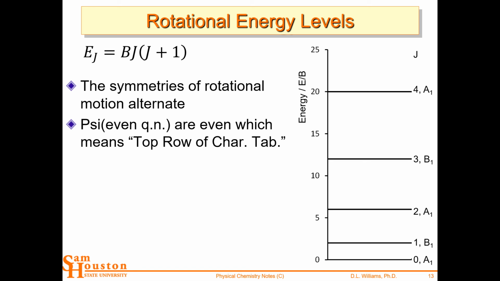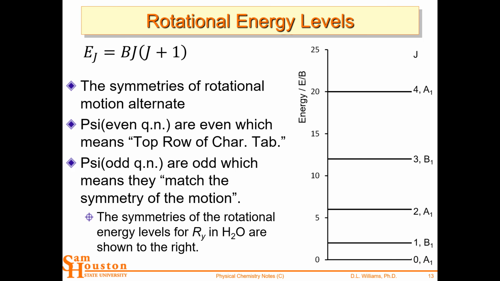So how do I know the symmetries of these rotations? That's where R sub X, R sub Y, and R sub Z come in. We can look at those, like the rotation for RY in H2O shown to the right. This B1 is where, in the character table for water, RY is on that row.